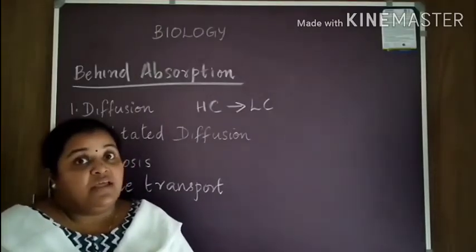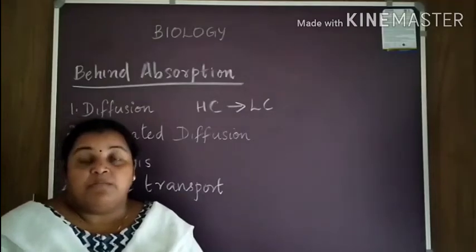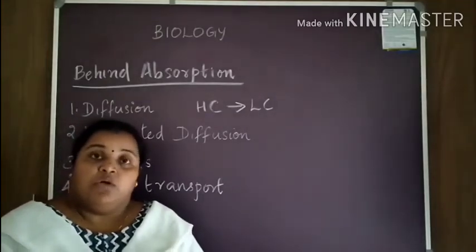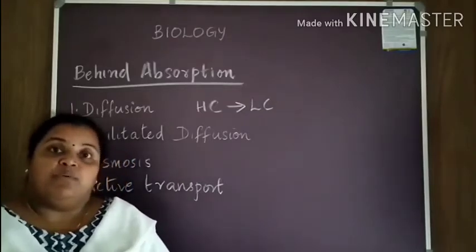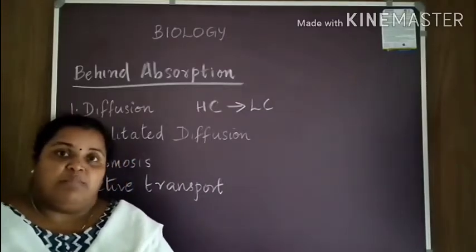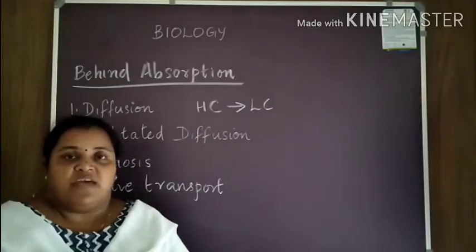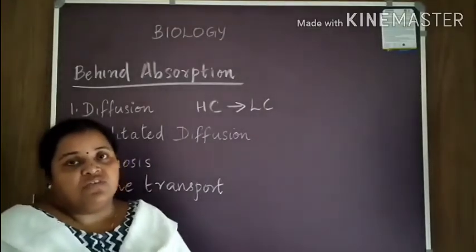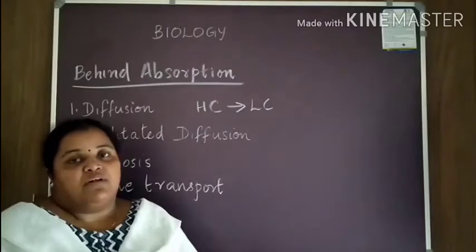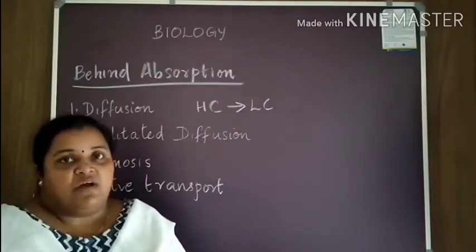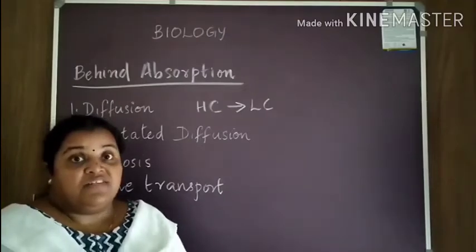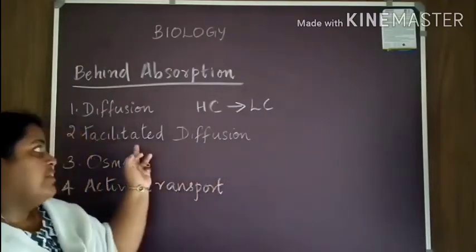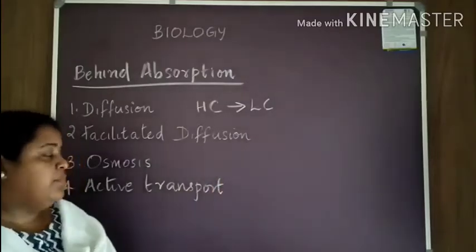I'll repeat once again, the movement of molecules from higher concentration to lower concentration with the help of a carrier protein in the cell membrane. For example, glucose, fructose, galactose, etc., formed after digestion in the small intestine, are absorbed by facilitated diffusion.